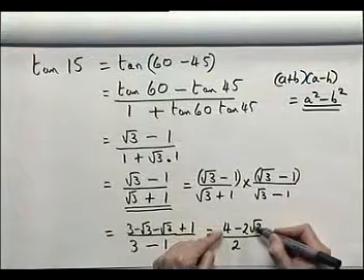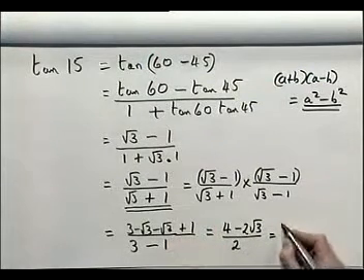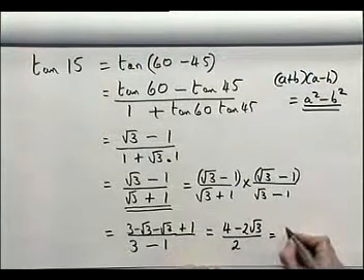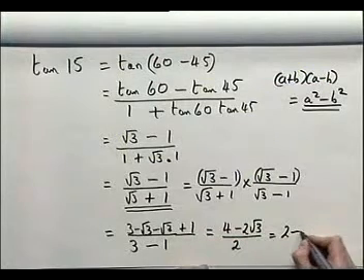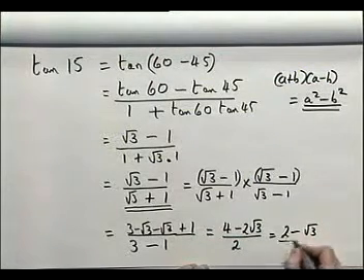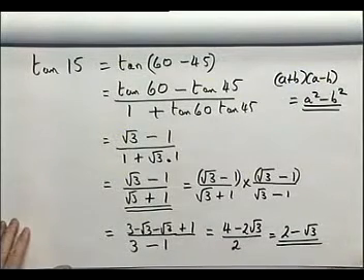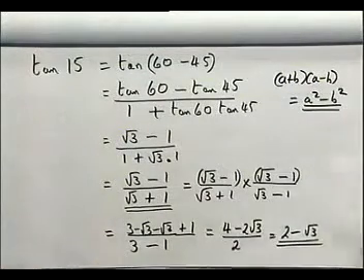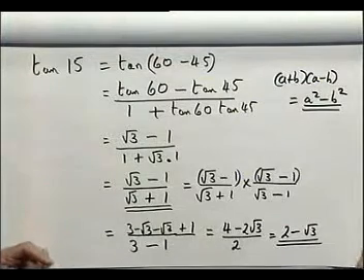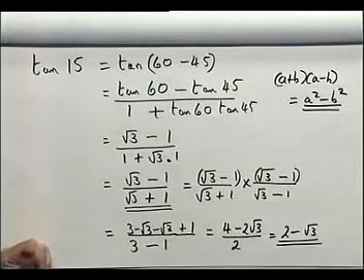And now there's a common factor of 2 on the top and on the bottom. 2 into 4 goes 2, and 2 into minus 2 root 3 goes minus root 3. And 2 into 2 goes 1, so we needn't worry about that one. So there we've got a second example to add to the first one that we did.